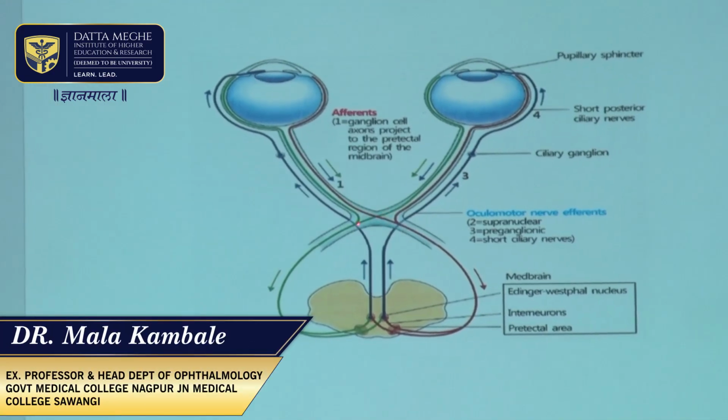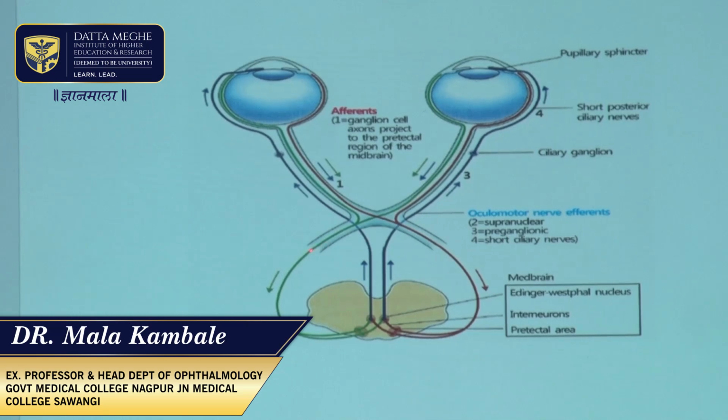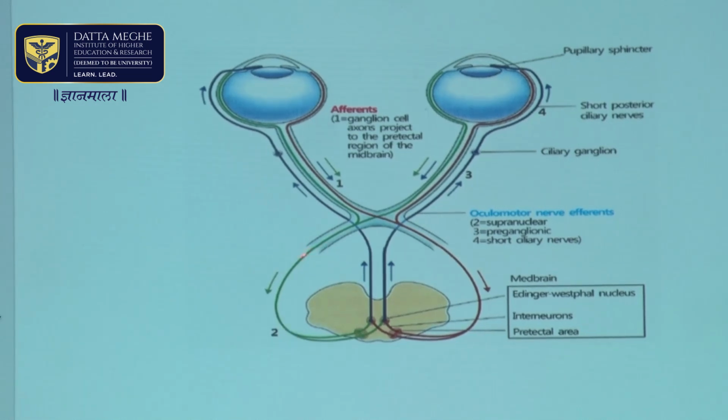From the optic chiasma, they go to the optic tract, lateral geniculate body, visual cortex, and from the visual cortex these signals are sent to the pretectal region in the midbrain, and then to the Edinger-Westphal nucleus, which is the nucleus of the third nerve, the efferent nerve.